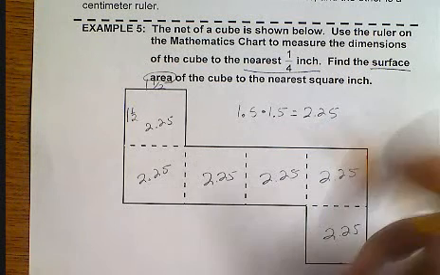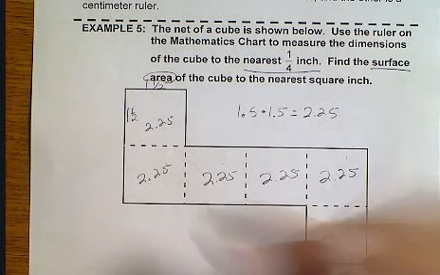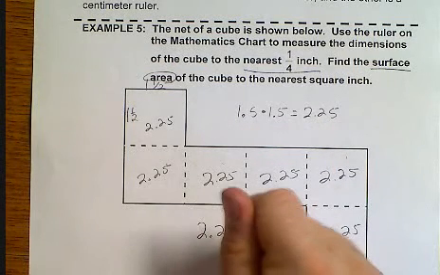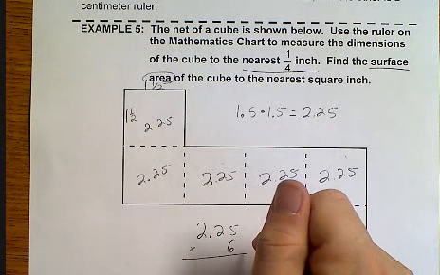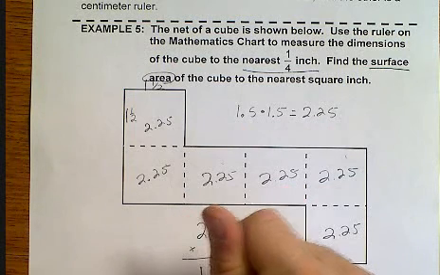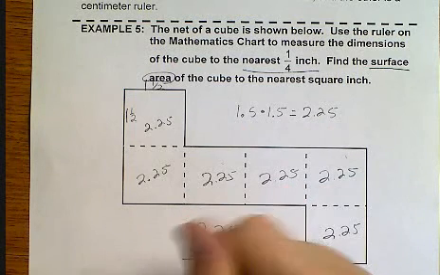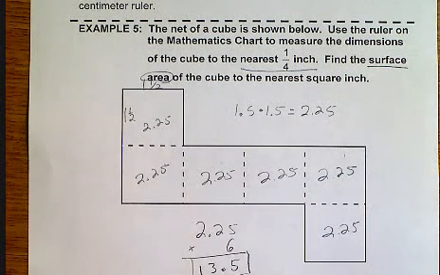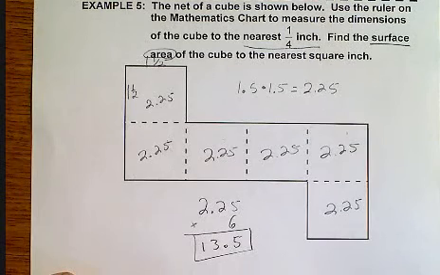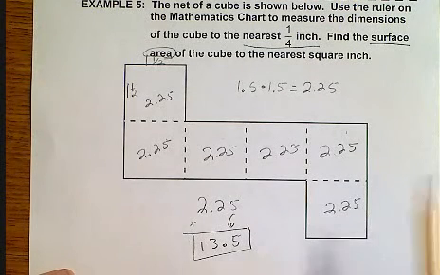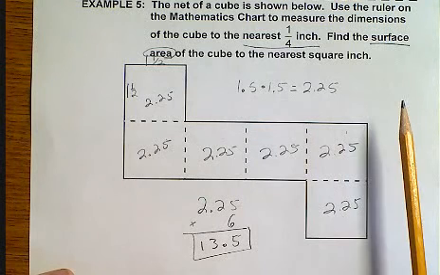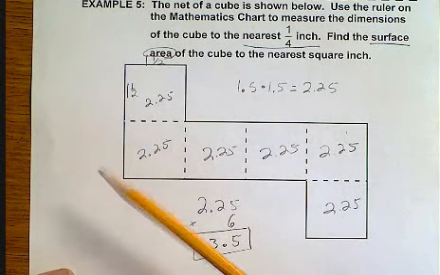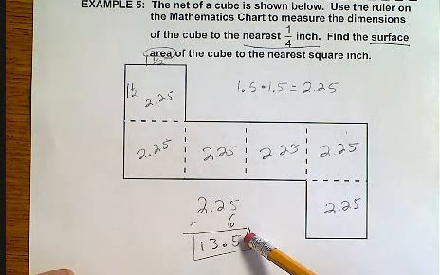Now I have 1, 2, 3, 4, 5, 6 of those. So 2.25 times 6 gives us 13.5 when I put that into the calculator. And that's as simple as it gets. You measure and then you find the area of every piece, add all the pieces together, and you get your final answer.